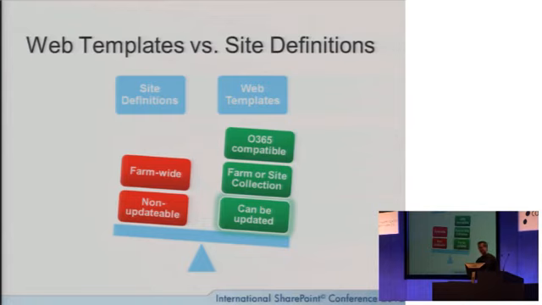And when SharePoint 2010 came out, Microsoft thought of a new approach, a new way of templating sites. And that idea is called web templates. And in a way, they are comparable to site definitions, depending on what you are trying to achieve. You can achieve the same results, but there are some differences that are quite important.